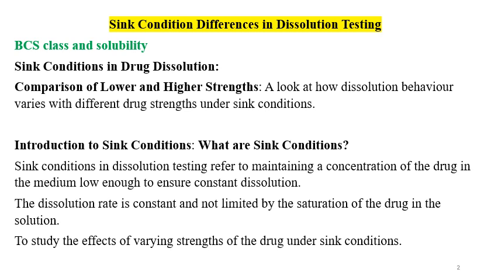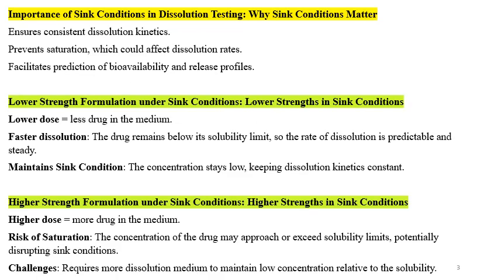If you maintain such sink condition, you observe that the dissolution is faster for the middle strength of 250 mg and it is still faster for the lower strength, that is 125 mg. So this is because of the sink condition differences.